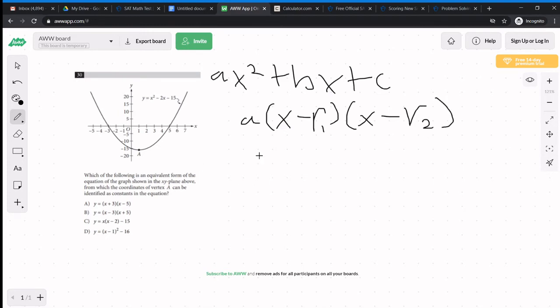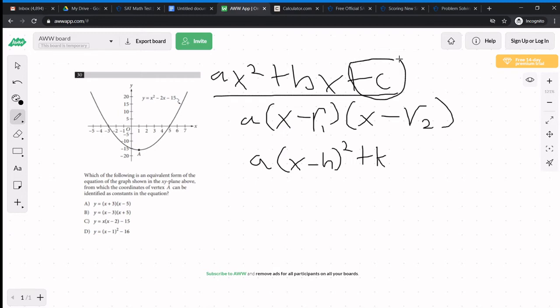And then lastly, there's vertex form, where you have a times x minus h squared plus k. The first form, general form, tells you where the y-intercept is, the c. The second form, factored form, tells you where the solutions are, the two roots, the two zeros. And this last form tells you where the vertex, which is h comma k, is.